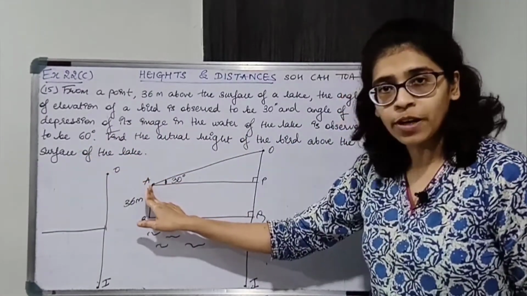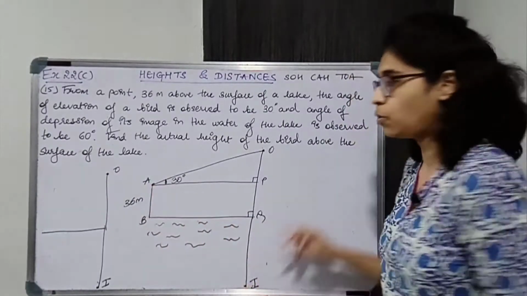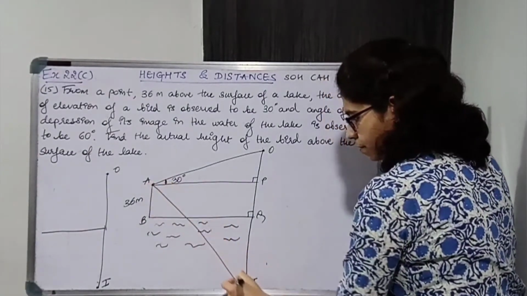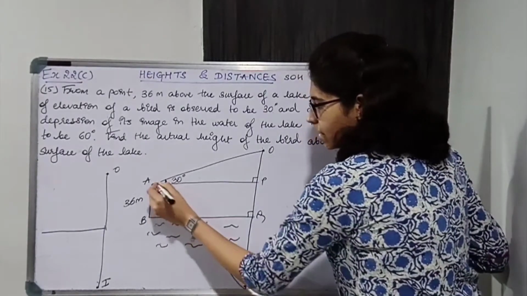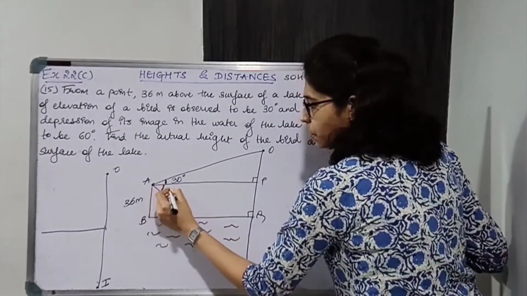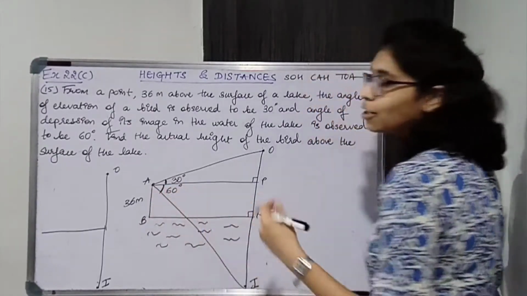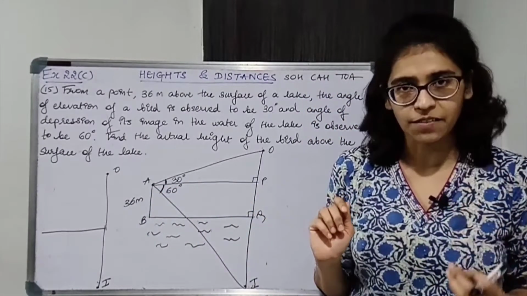So from the same point you are observing the image now. This is the line of sight, this is the horizontal, so the angle in between is 60 degrees, that is the angle of depression. This is given to us.